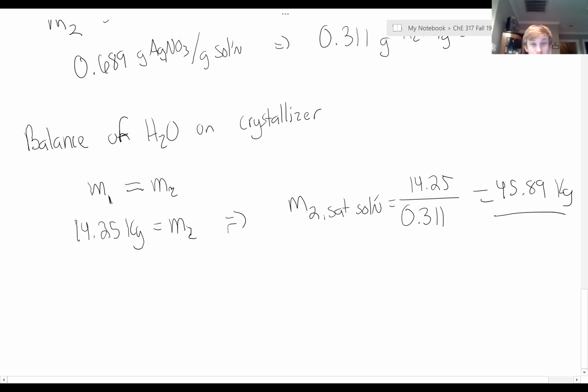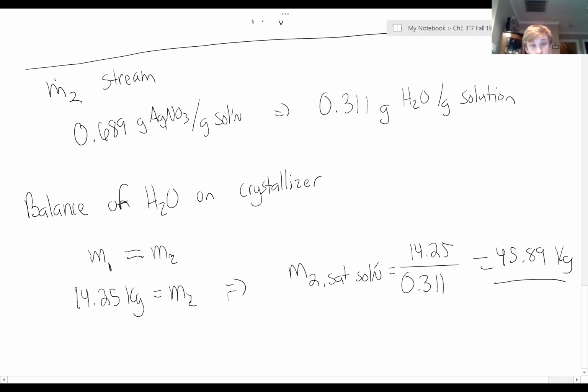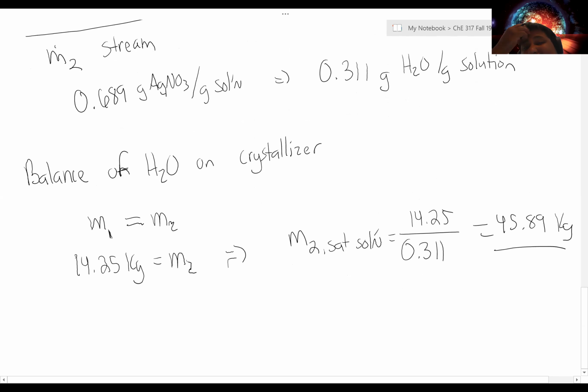I have a question. Yes. If you did that on the silver, it would be 197. So what made you use the water? Well, I use the water because the water's only in solution. The silver gets separated into part of the solution and then pure crystals outside of that solution.